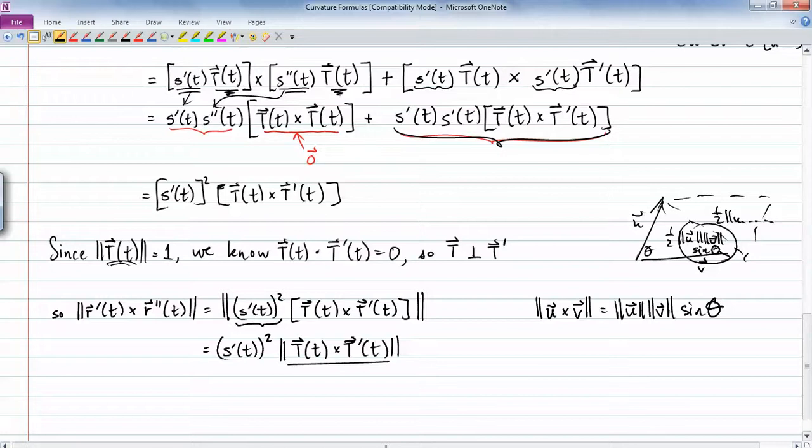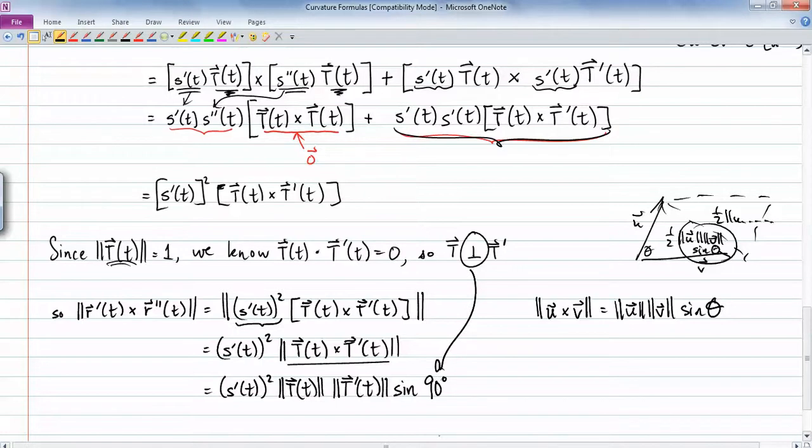Okay, so let's replace the T cross T' with the magnitude of T, magnitude of T', sine of the angle between them. But notice the angle between them is 90, so sine of 90 is 1.